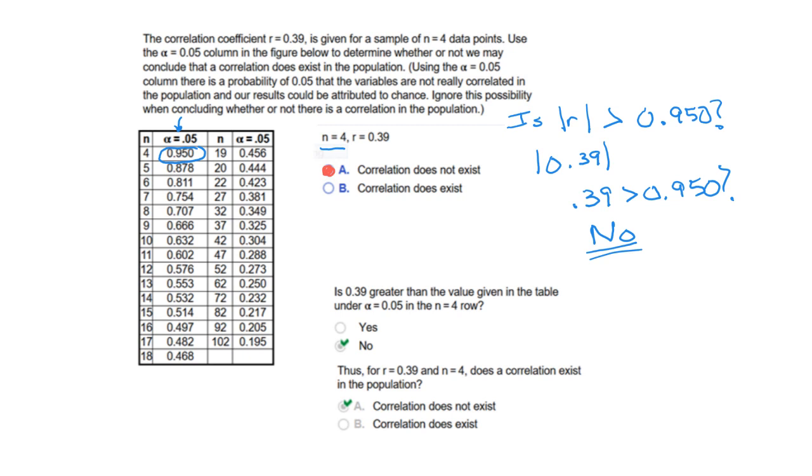So if R is greater than the value on the table, there is a correlation. If the absolute value of R is not greater than, there is no correlation. And they already gave us the answers down below. It says 0.39. Is it greater than? The answer is no, and we finished that out with no correlation. All right, so this concludes our lecture on Chapter 12.